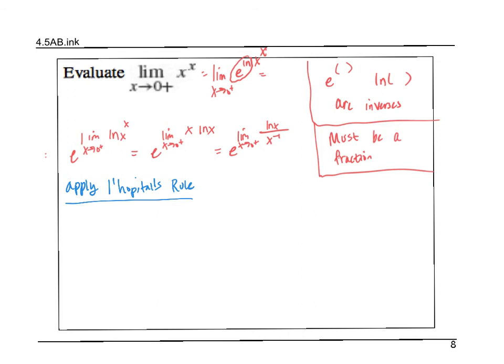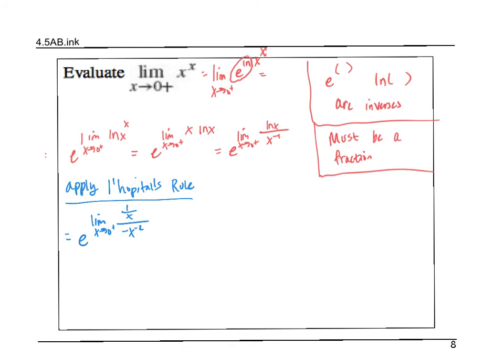I have asymptotes at 0. Okay, so applying L'Hopital's rule the same exact way, deriving the top and the bottom independent of one another. So I'm keeping that e so I don't forget about it. ln x derives to 1 over x. X to the negative 1 derives to negative x to the negative 2.